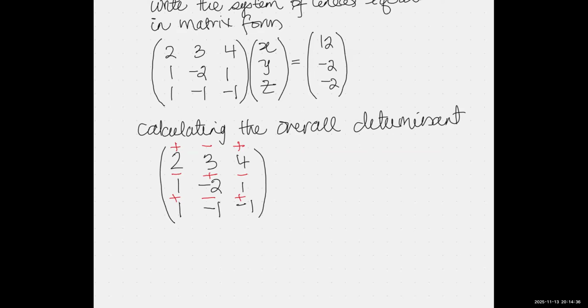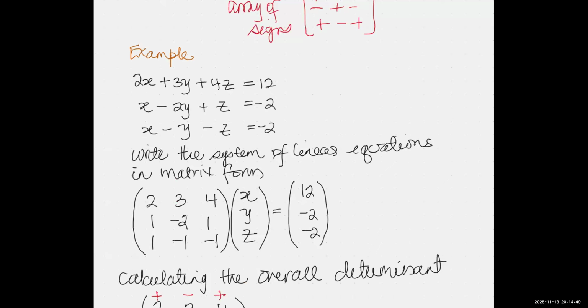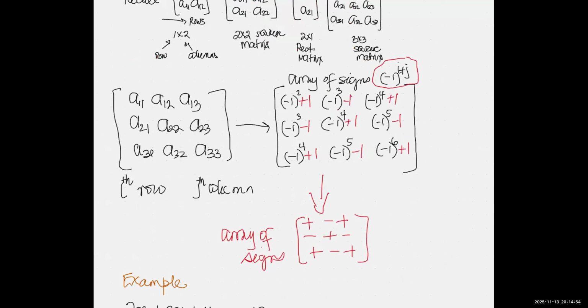Question, sir. So you can't start with minus? No, ma'am. Why can't we start with minus? Because it's basically like a formula, the array of signs you must know it, a formula you have to use to do the calculation.